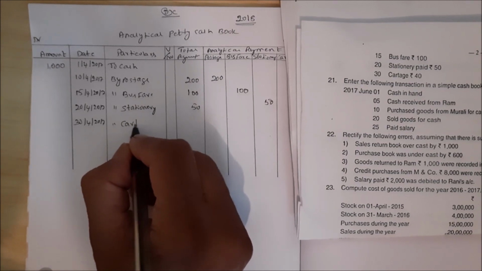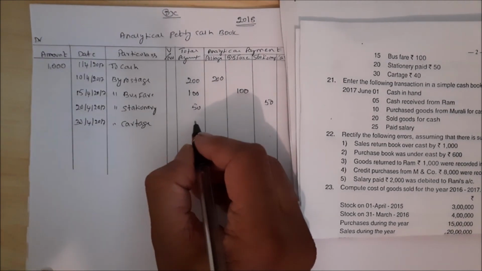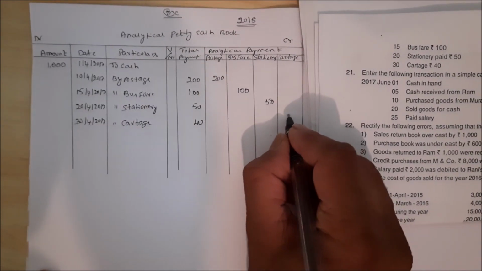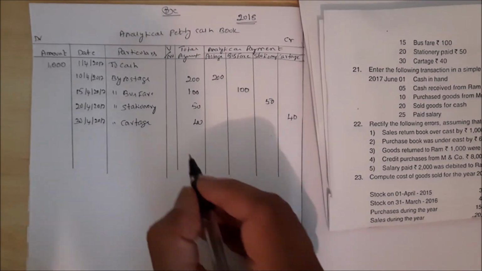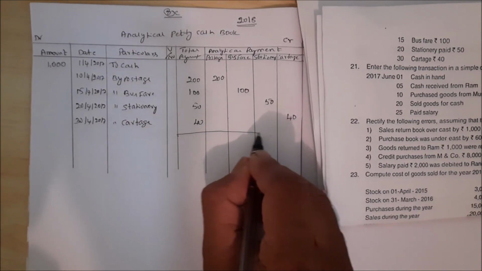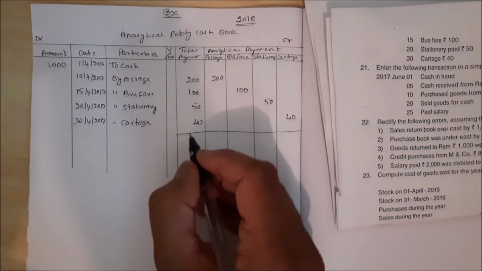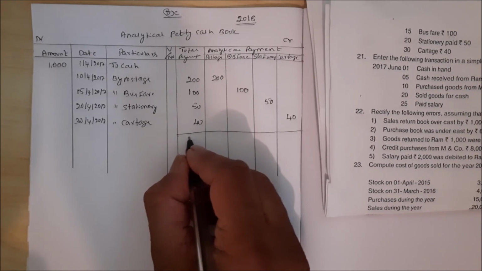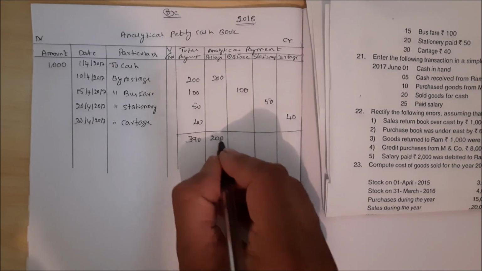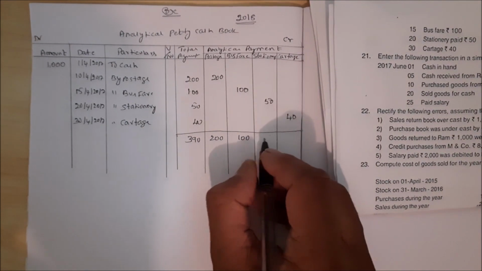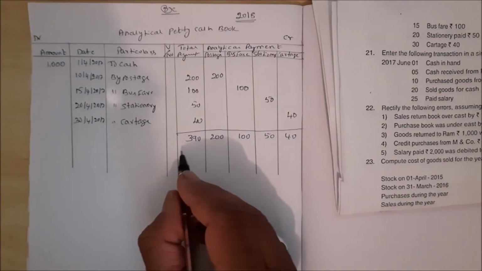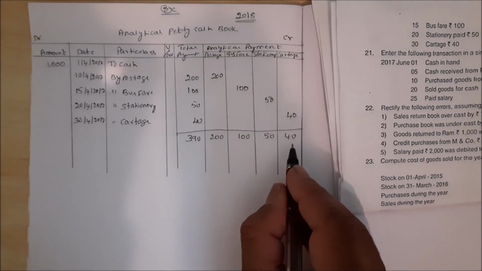By cartage, you have paid 40. So last column is 40. Very simple. You take the total of this, 390. This is 200, 100, 50, 40. Horizontally and vertically you will get the same total.